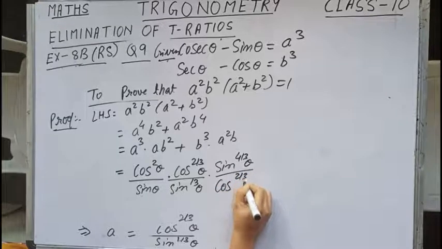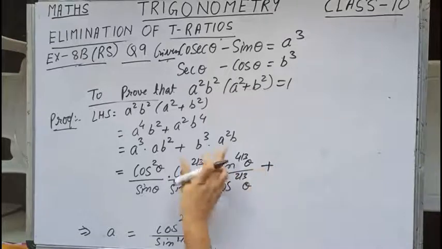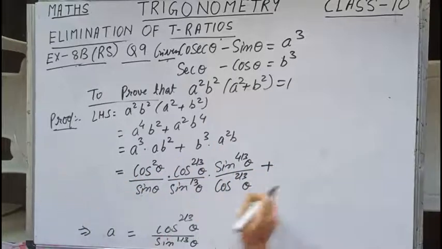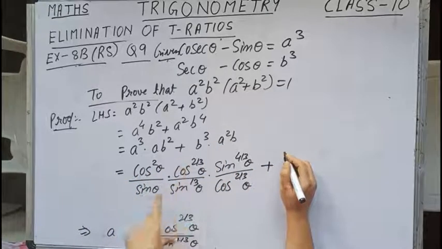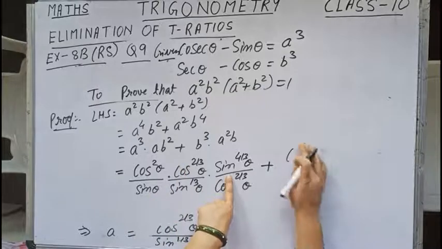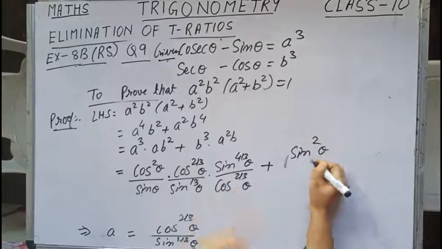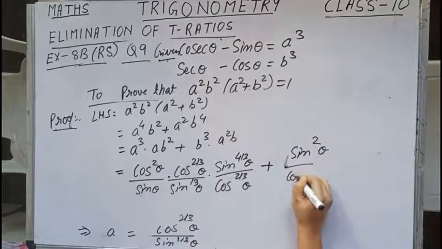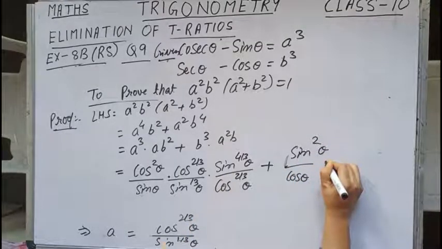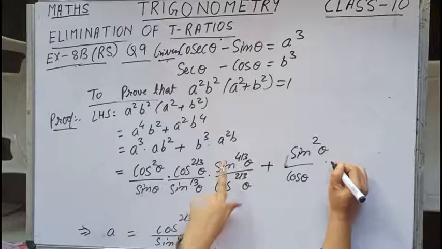This much we are getting. Similarly, over here these all values we will have to write. So this b cube was coming as sin square theta by cos theta into a square b.